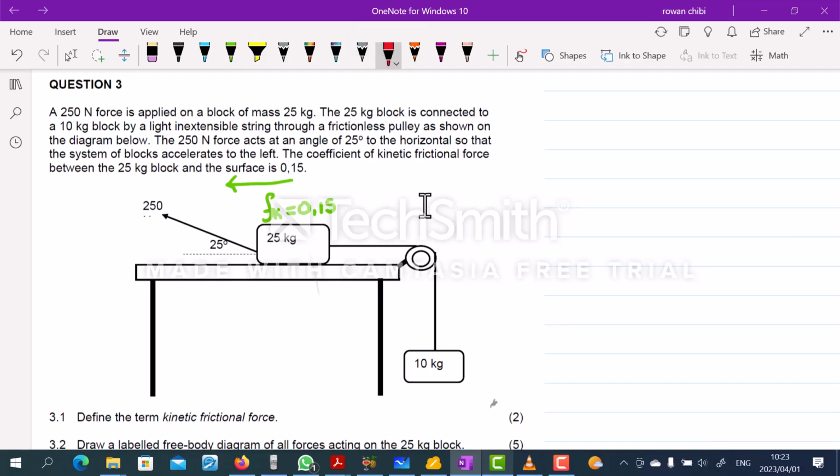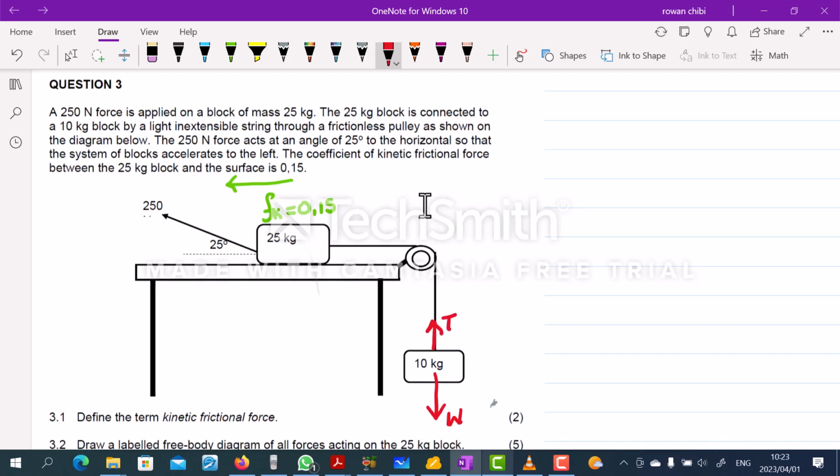We know the 10 kg block is a hanging object, and a hanging object always has two forces: there is a weight, and then there is a tension going that way.